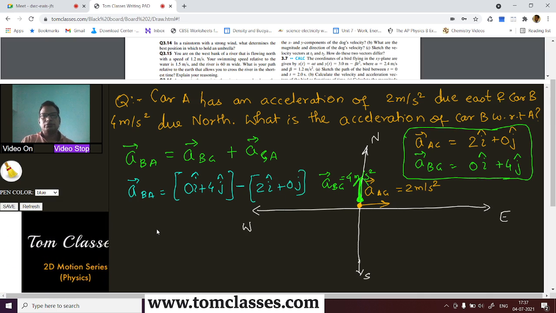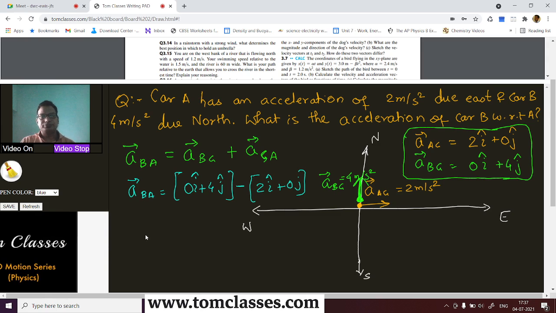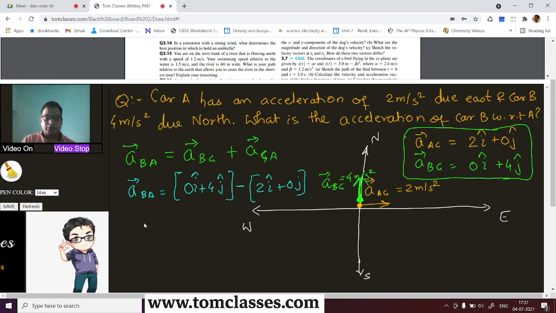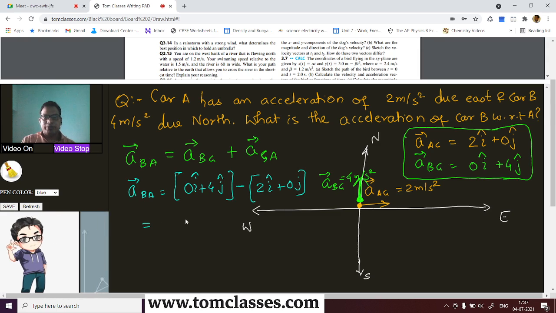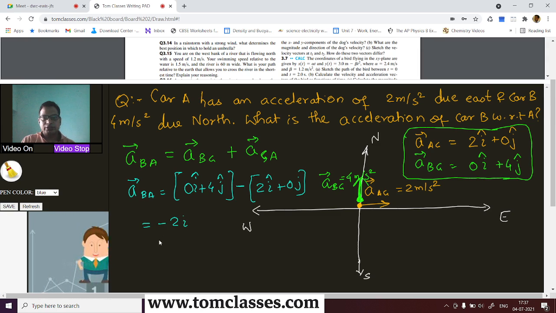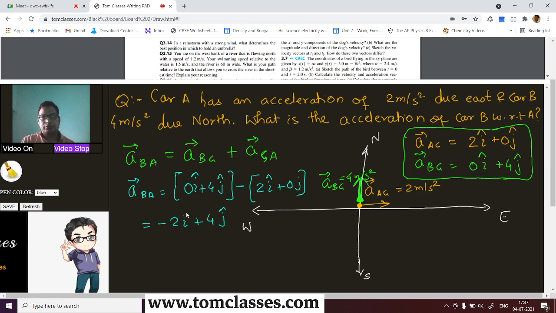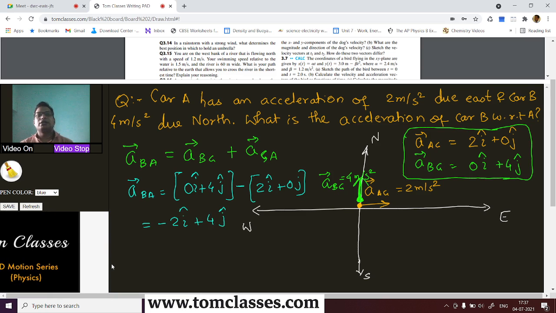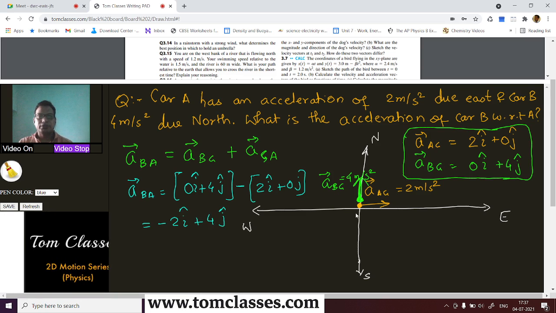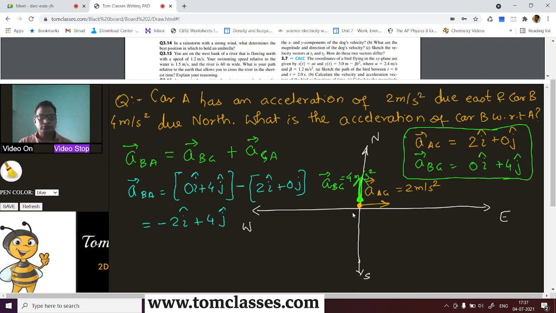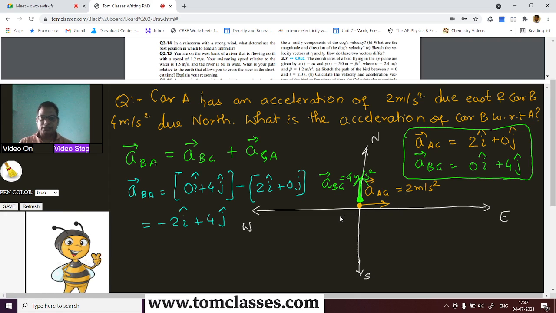So you see that this component will become minus 2i. Minus 2i plus 4j. This will become this. Is that okay?